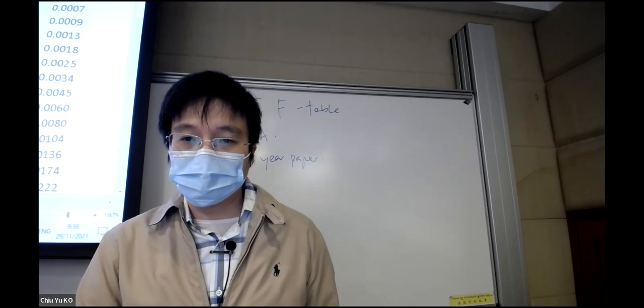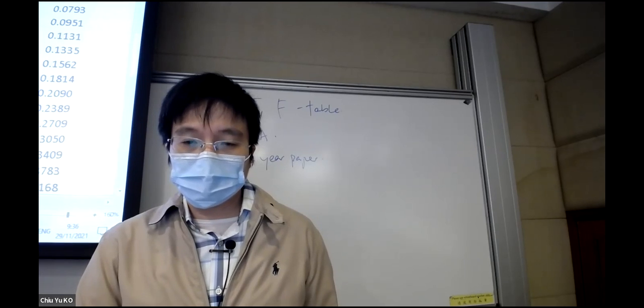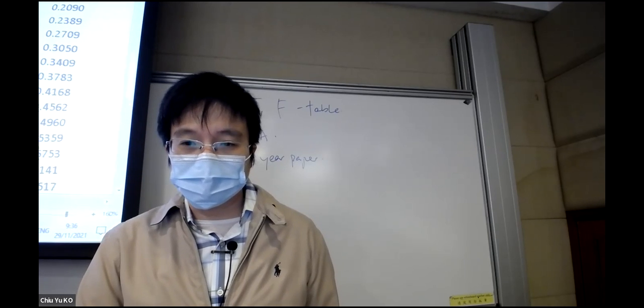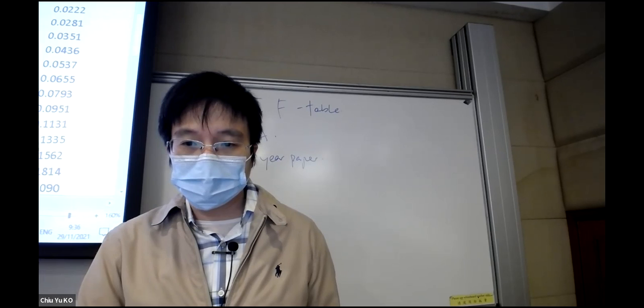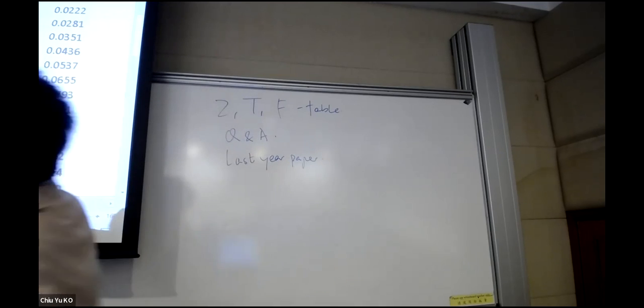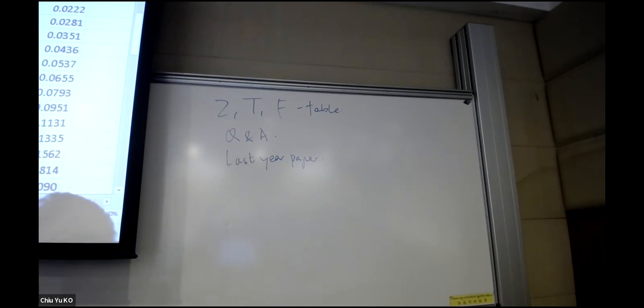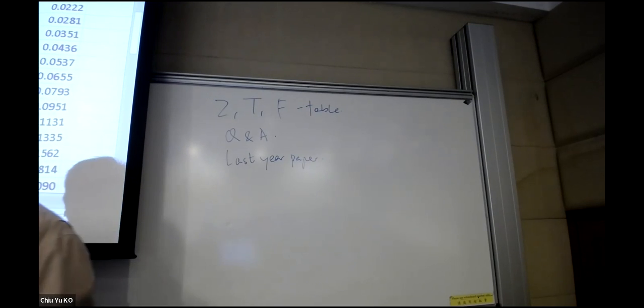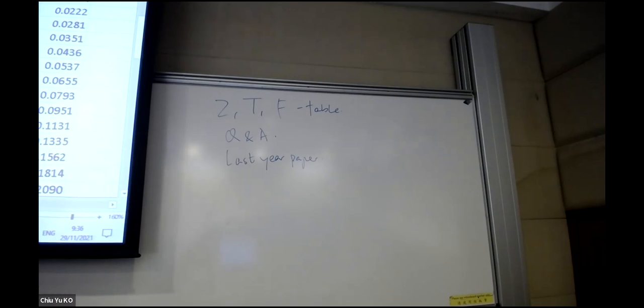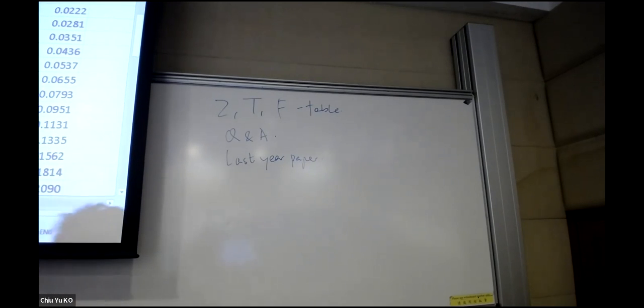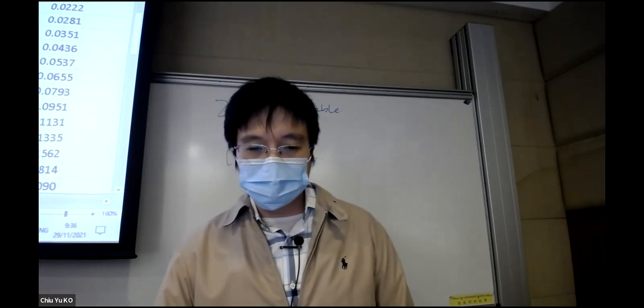Freeze the top row, so 5% will be here. That will be the way you do it. This is the way how you create your Z table.